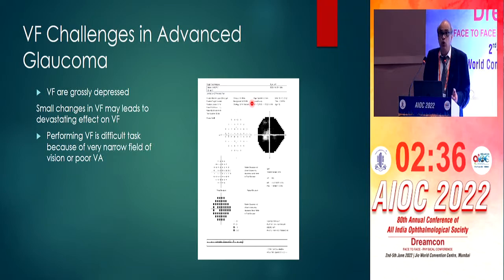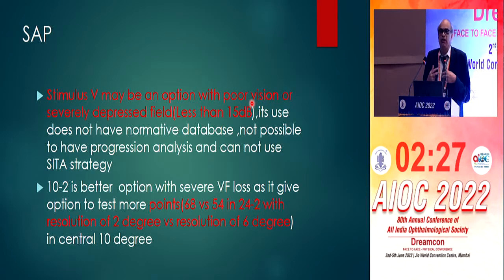So what to do? If you have this kind of a small field, you have to find some strategy, and yes, all the perimeters are equipped with various strategies. One is that you can use the stimulus size 5, that's a bigger object, and if the patient has poor vision, then also they would be able to pick it up.